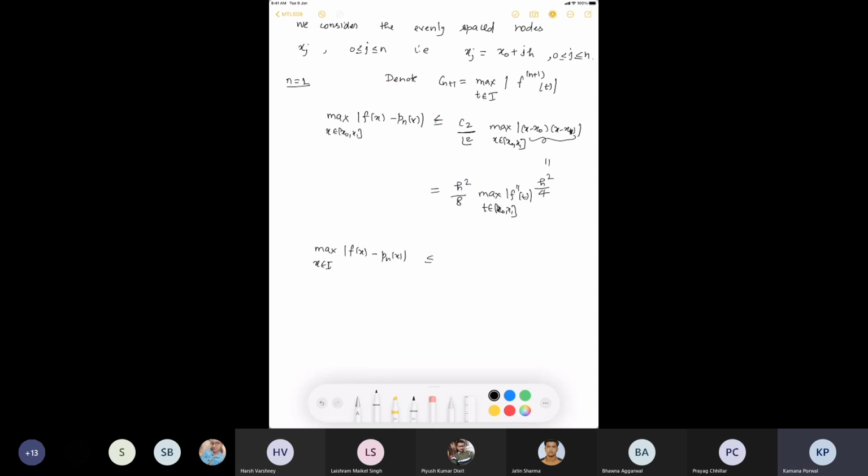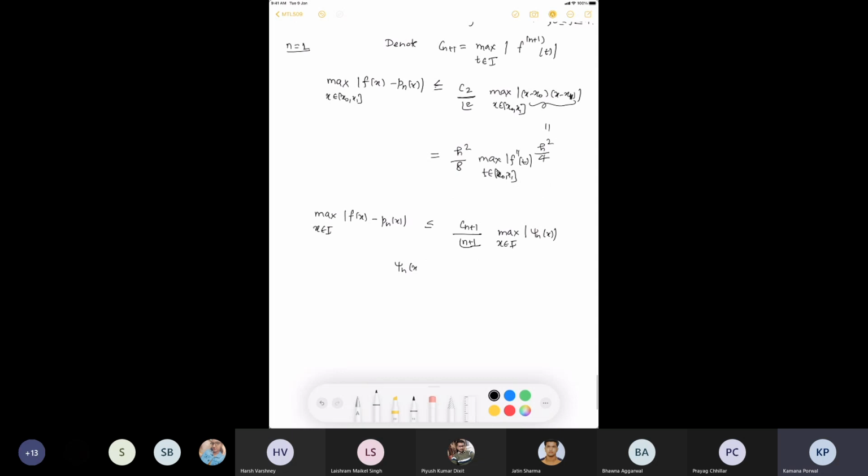This will be less than or equal to C_{n+1} divided by factorial n plus 1, times the maximum over x in I of the absolute value of the product of x minus x0 up to x minus xn.